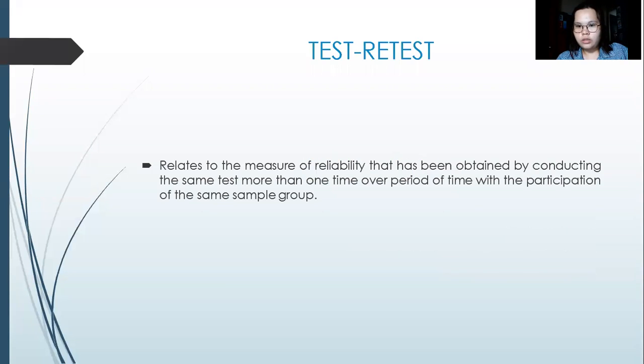Una sa lahat, test-retest. Okay, test-retest relates to the measure of reliability that has been obtained by conducting the same test more than one time over period of time with the participation of the same group. Okay, from the given definition, so test-retest, andun din sa title niya.